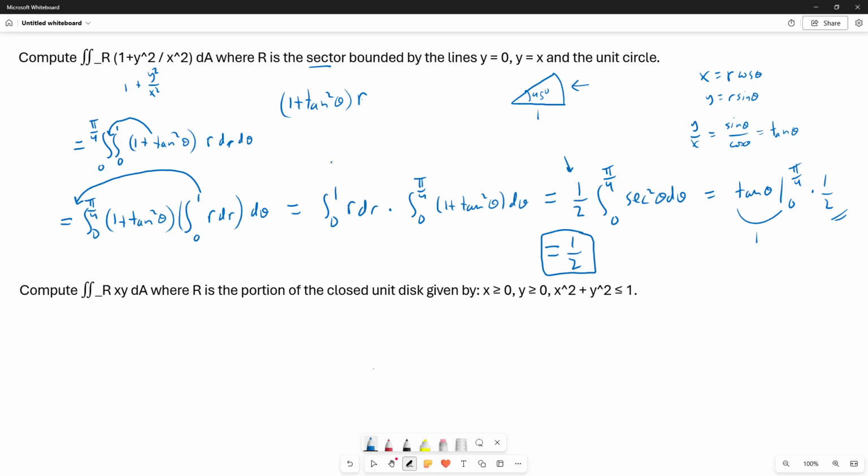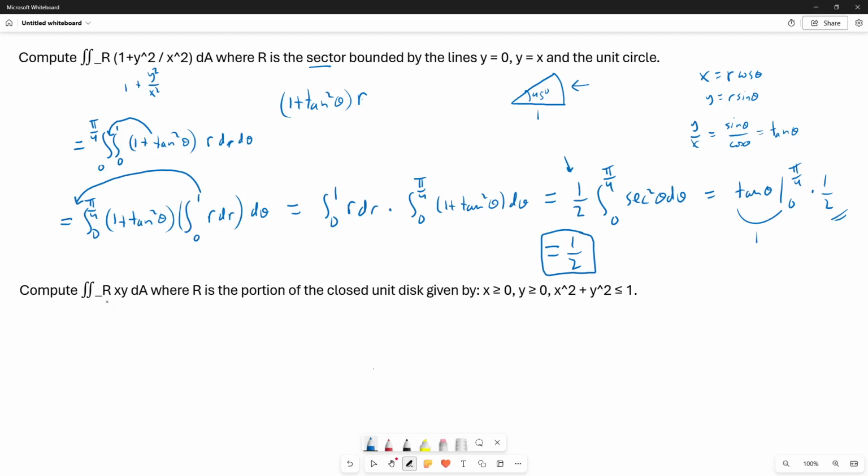So in polar coordinates, y over x is tangent theta. Here we have 1 plus tangent squared, which becomes secant squared. The antiderivative of secant squared is tangent. And we had a separable integrand, and so we could integrate the theta function and the r function separately.